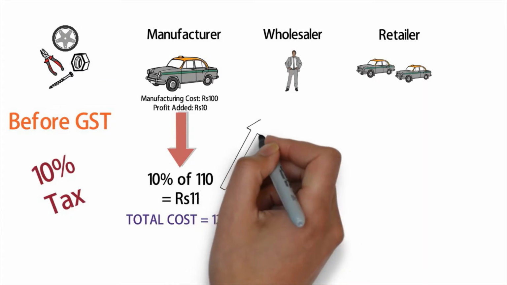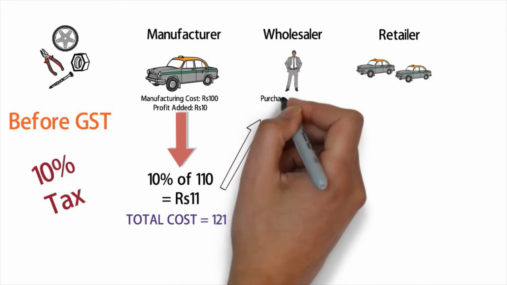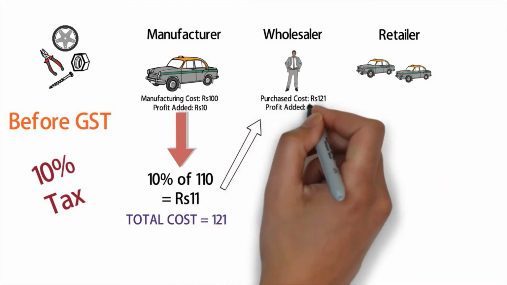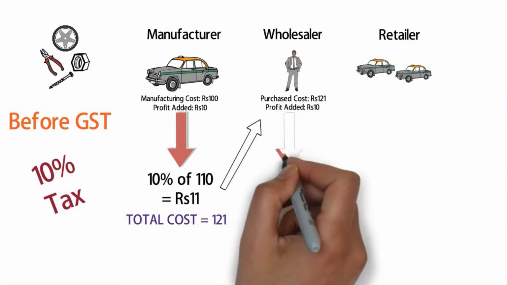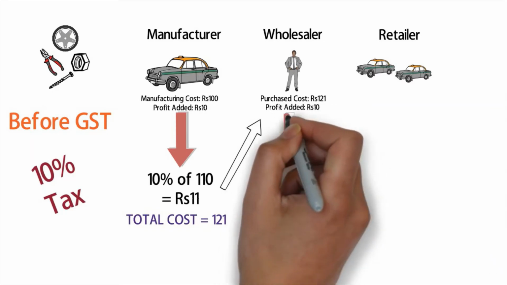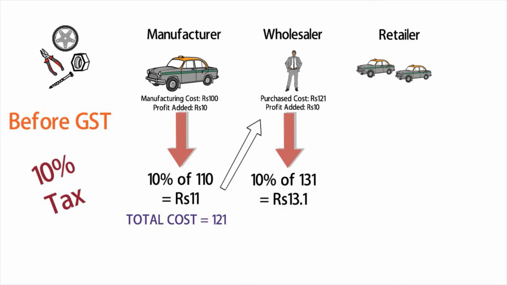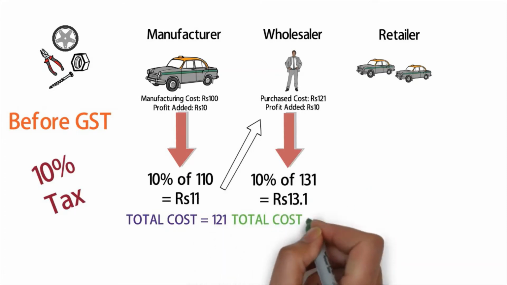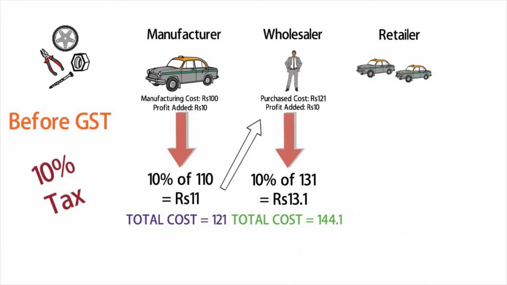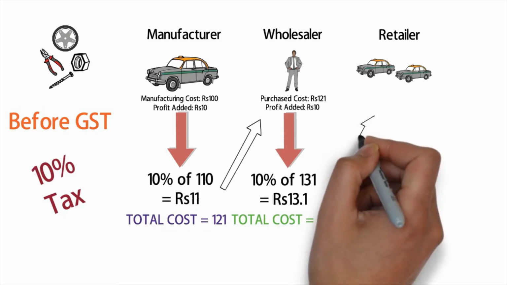Now the wholesaler buys the car for 121 rupees from the manufacturer. He adds a profit of 10 rupees again, but he also needs to pay a 10% tax on 131 rupees. So after adding taxes at this level, the price of the car becomes 144.1 rupees.